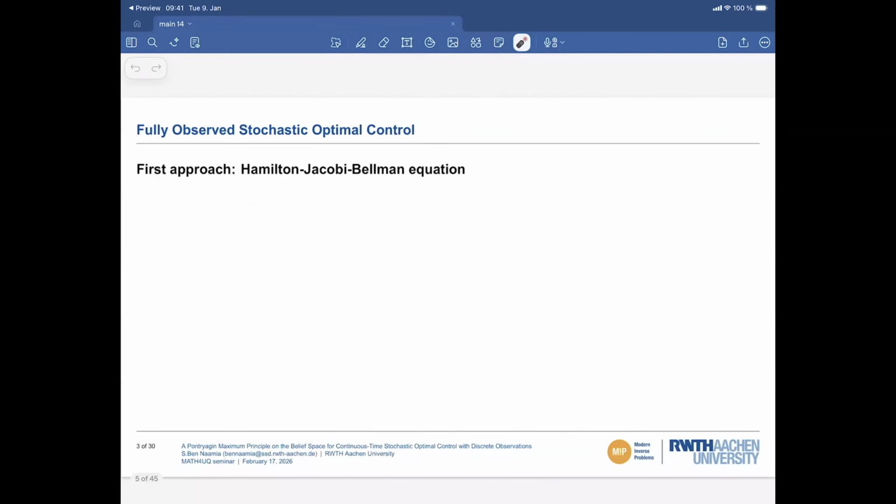Now, the question is how to solve this in general. One way to look at it is that there are two main approaches. The first one is the Hamilton-Jacobi-Bellman equation, the HJB equation, where you basically define a value function. This value function is defined for all times between 0 and capital T, which is the time frame that your dynamics evolve in.